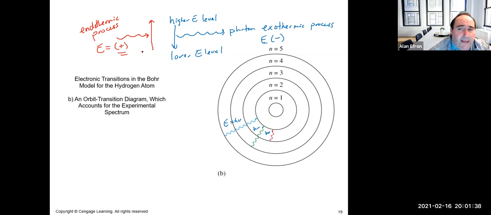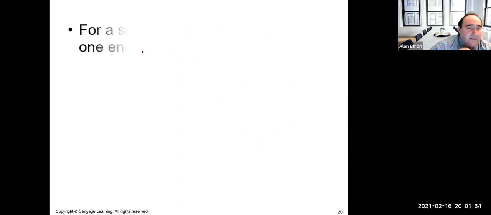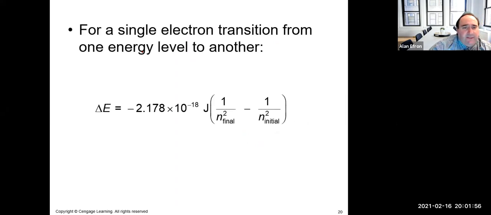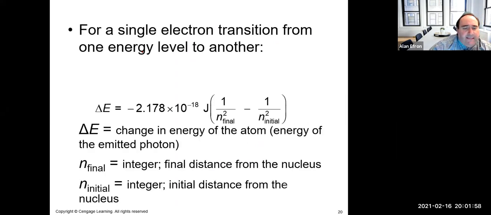So how can we calculate what is going on in terms of energy for these transitions that occur for these electrons? There is a formula that we use to calculate the energy associated with an electron as it's transitioning from one energy level to the next.